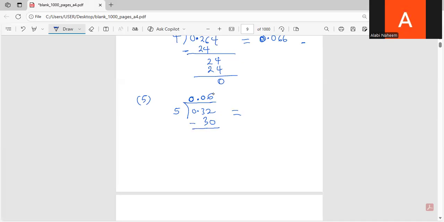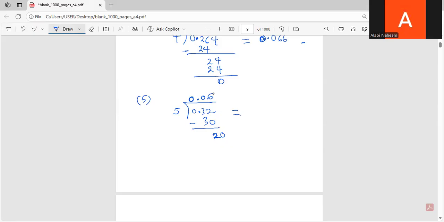Remember I said decimal points here, we are ignoring it. That's why I'm not even saying 0.32 anymore. So I'm saying 32 minus 30. So we have 2. Now 5 in 2. 2 is less than 5. So what do we do in this case? If you have a number that is less than the divisor, you add 0. If there is another number beside these two, for example, you have 25, then there's no need to add 0.